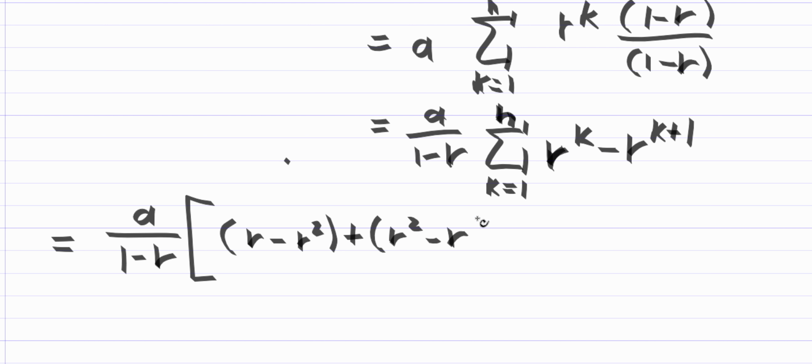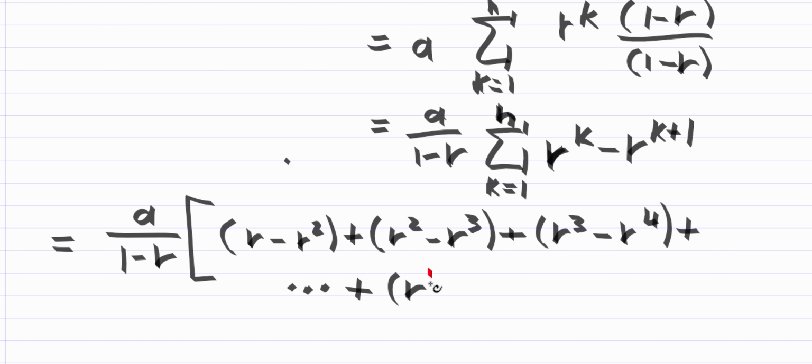So I have a minus r to the third power. What about the k equals 3 term? Well, now I have r cubed minus, and I again see the pattern, r to the fourth. And this continues. This continues until I look at the term with index k is equal to n, and that'll give me r to the n, and then I'll have r to the n plus 1 at the end.